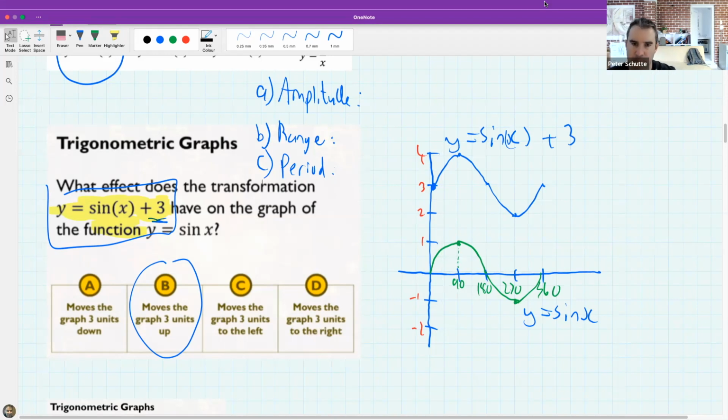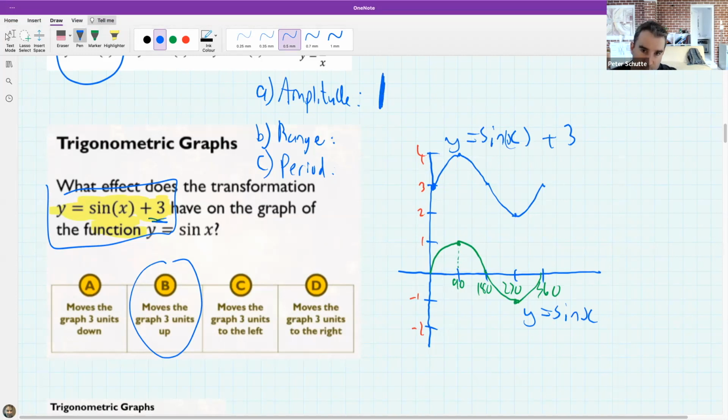Okay, so the amplitude is still 1. The amplitude is actually just the number in front, and it's how high or low it goes from the position of rest. And you can see that it only goes up by 1 or down by 1 here. So amplitude is still 1.